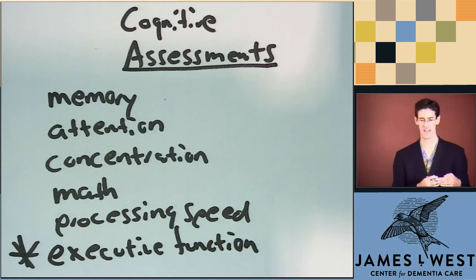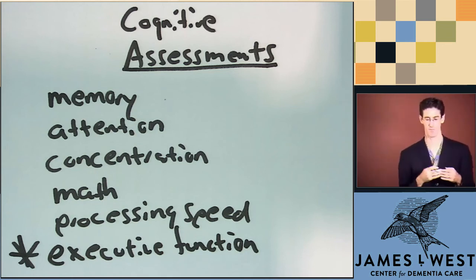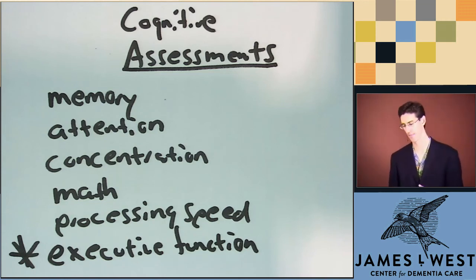They could count from 1 to 100 without any problem. They can say their letters from A to Z without any problem, but they can't alternate between sets. That's a novel problem-solving task that requires set shifting, and they'll fail that. And so that might be a way that we cognitively assess for executive function.